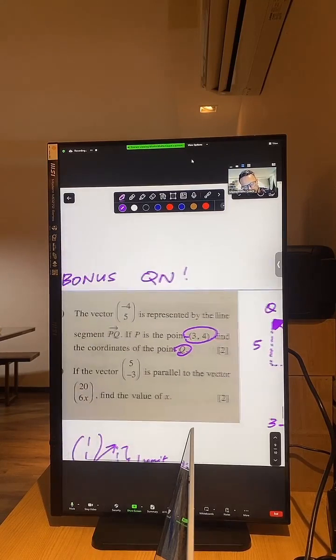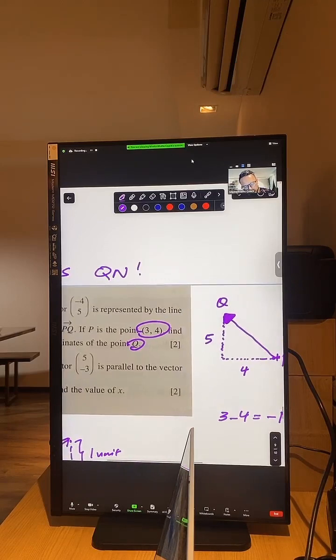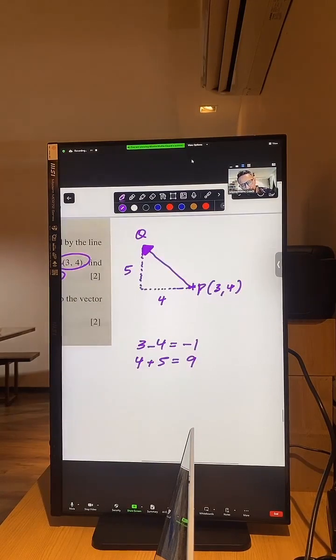And then I must take 4 plus 5, which equals 9. Or another way to say it, it's not 3 minus 4, it's 3 plus minus 4. I don't want to confuse you. So let's put it as 3 plus minus 4 equals negative 1.